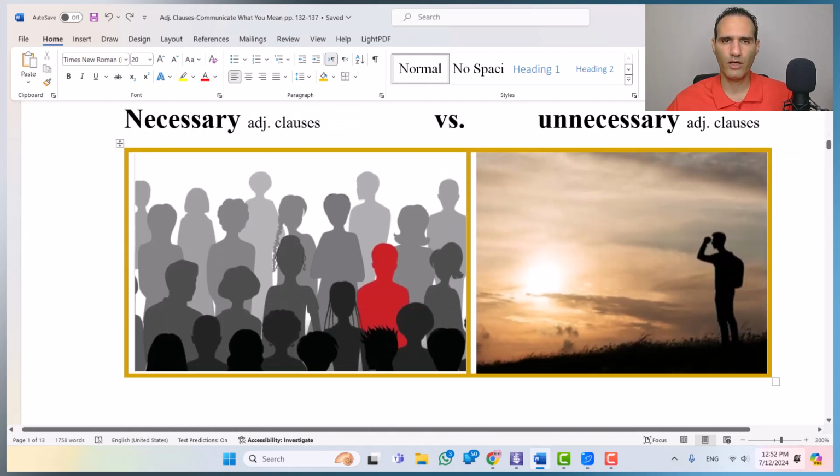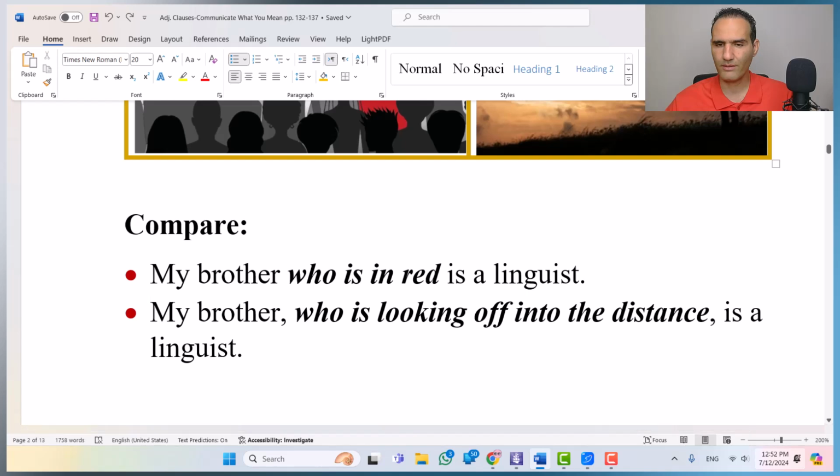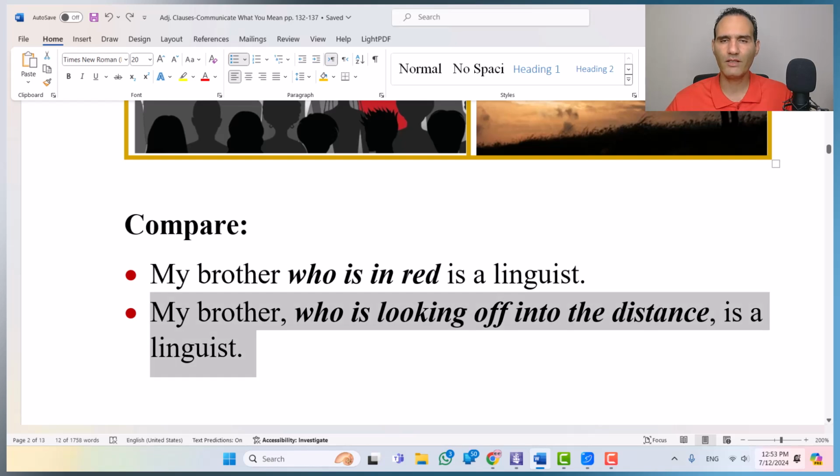In a nutshell, I told you the necessary adjective clause doesn't need commas. The unnecessary needs commas. Necessary means a group is selected from a whole, or one is selected from a whole. Unnecessary means it is just one member or it is the whole group.